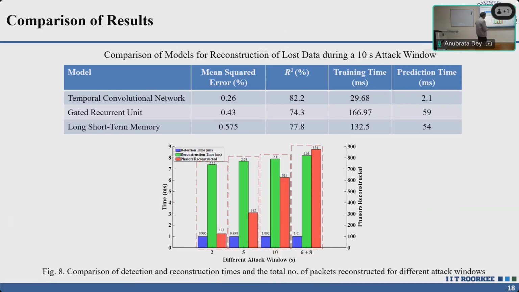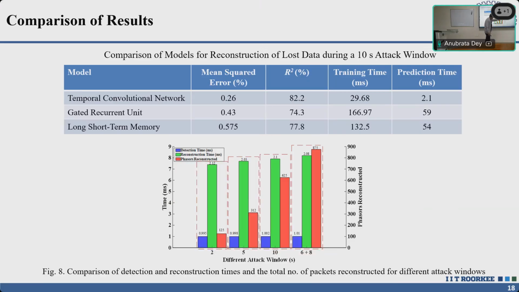If I use the TCN technique, I have also used two others, the gated recurrent unit and LSTM. Using these three techniques, I have shown the comparison in terms of mean square error, R square, which is also one of the parameters where you can compare, and training and prediction time.